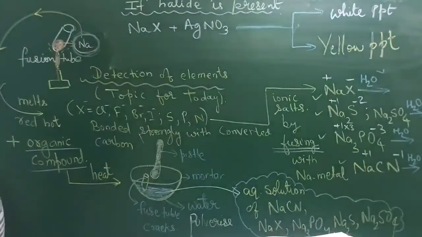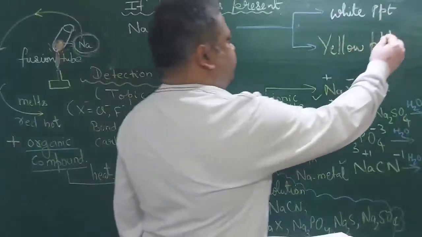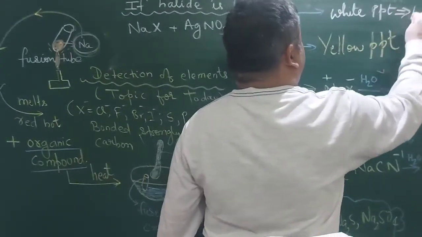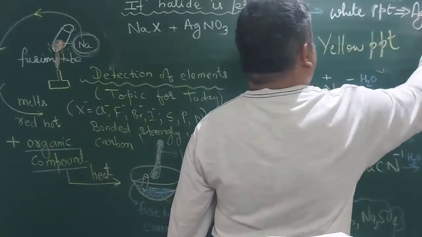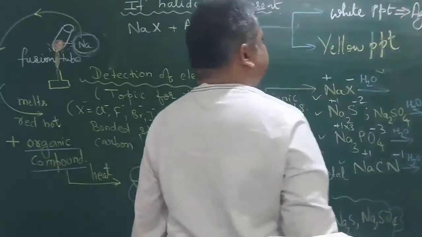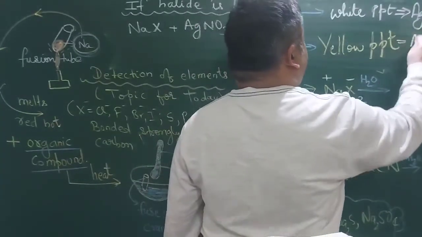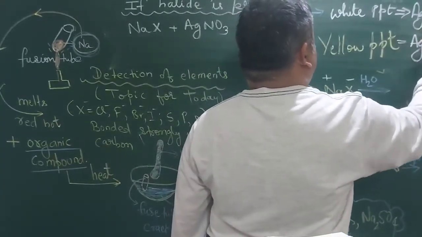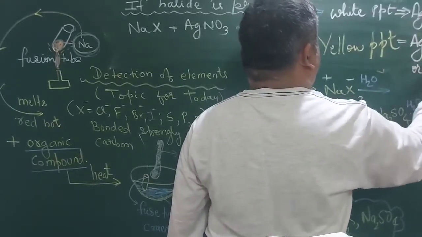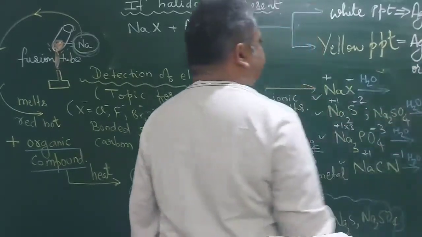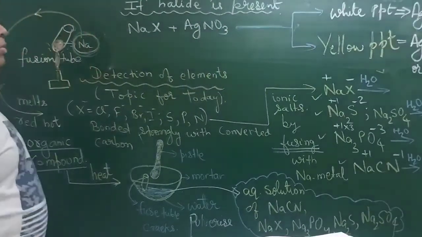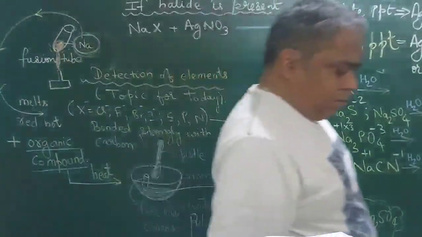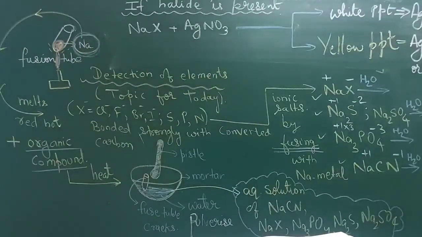If it is white PPT, that implies AgCl is formed and Cl minus is present. And if it is yellow, then it could be AgBr or AgI. So in this way we can conduct the experiments using the sodium extract.